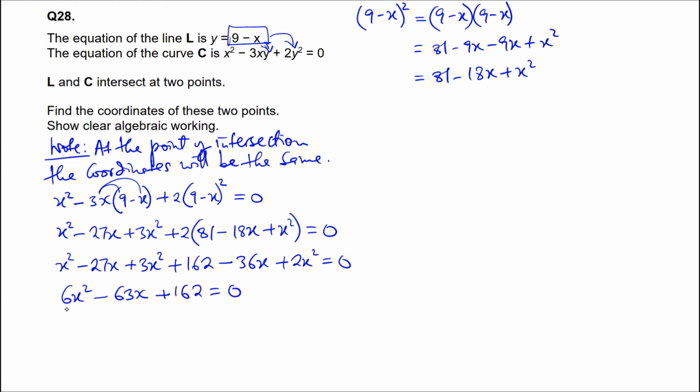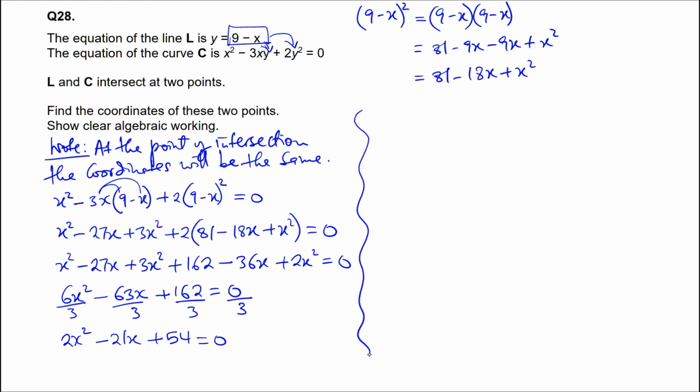And then let's simplify this equation by dividing by 3 so that we can end up with a simpler equation. So 2x squared minus 21x plus 54 is equal to 0. So what I'm going to do next is to solve this equation using the quadratic formula.